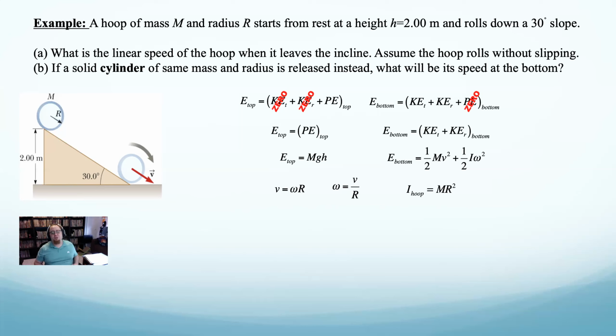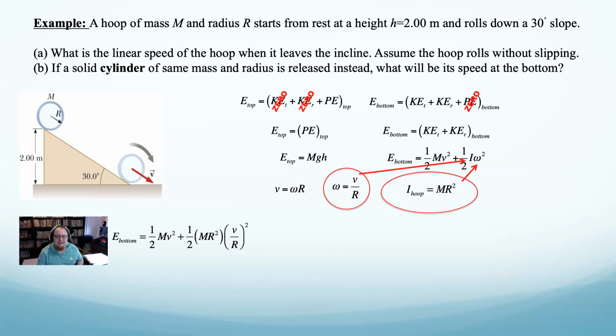And what I'm going to do is take omega and I and shove it into my energy equation. This omega will go to this omega. This I will go to that I. And so the energy at the bottom is 1/2 mv squared plus 1/2 I omega squared.